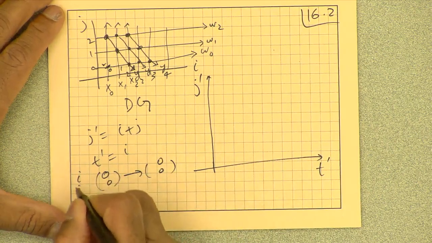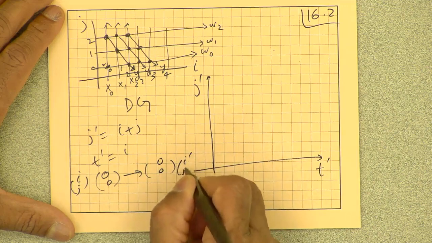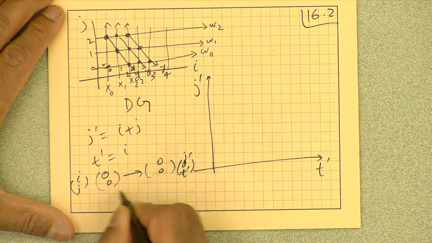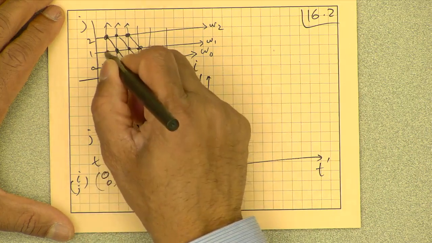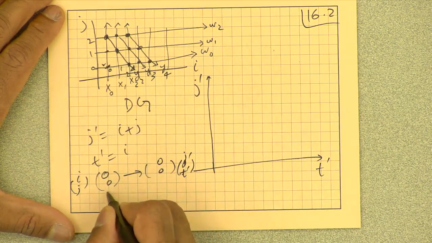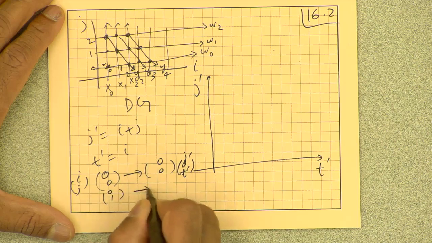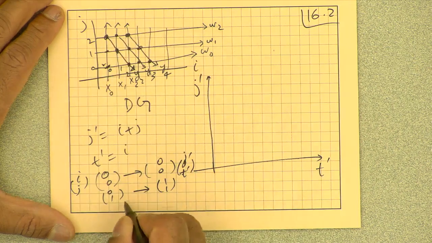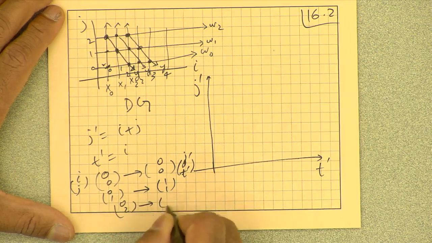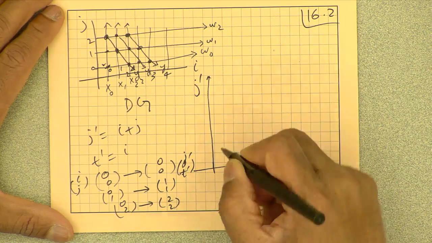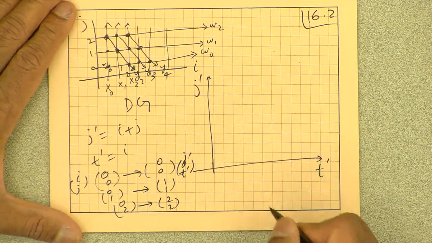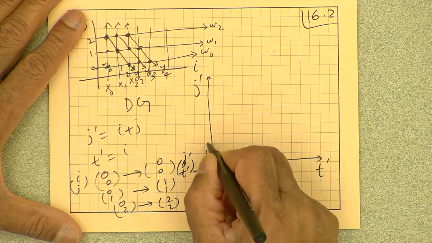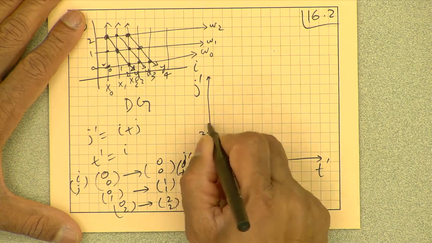This is i, j, this is i prime, j prime, t prime. The next point of x is 0, 1, and that will map to 0 plus 1, which is 1, and this is 0, 2, which will map to 2, 2. So if I have j prime, let's call this j prime 0, 1, 2, 3.